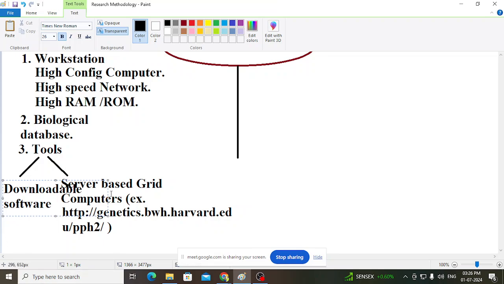So what we'll do is we'll put a different color to it, let us say red. So this could be your downloadable software.